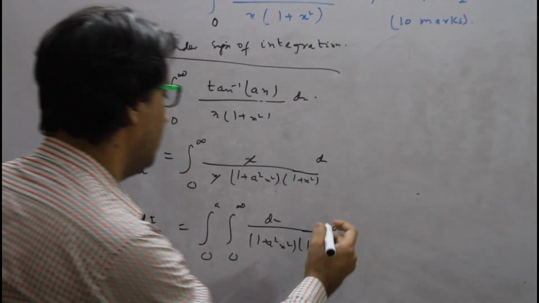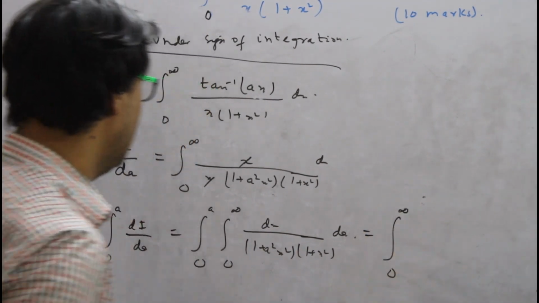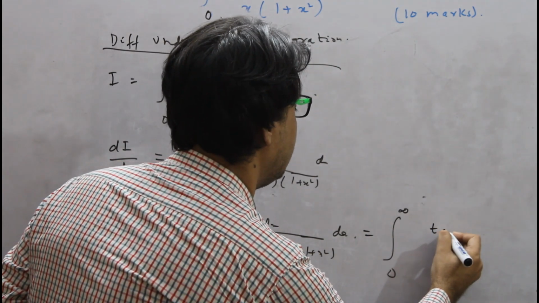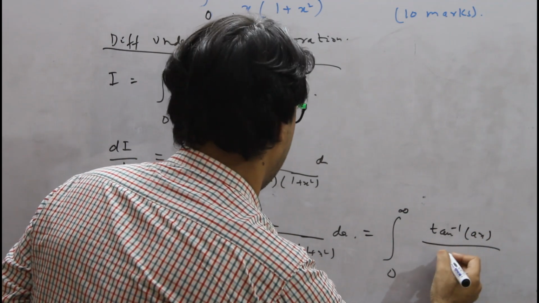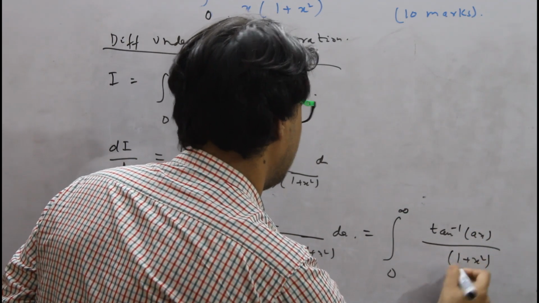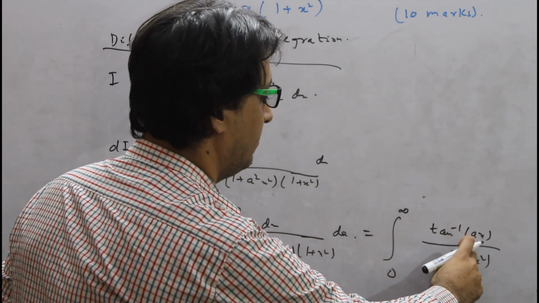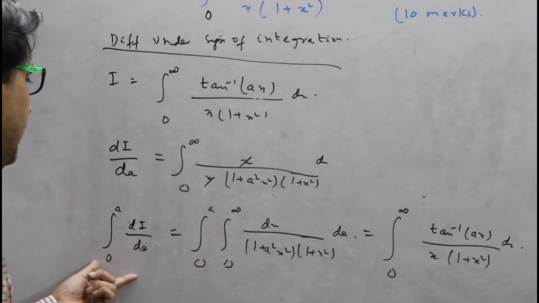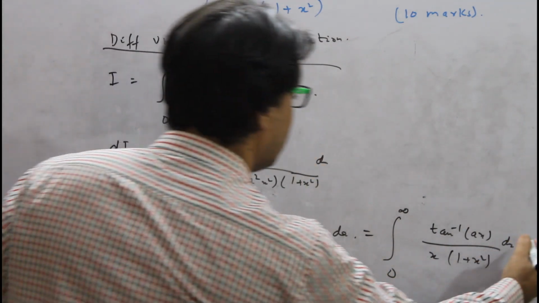Now if I change the order, this becomes 0 to infinity, and I integrate this with respect to a, what will it come? It will come tan inverse of ax, 1 plus x square is kept constant, and the integration for this part, the 1 by x. So what we are seeing over here is that we are getting our integral with which we started. So this is equal to I.